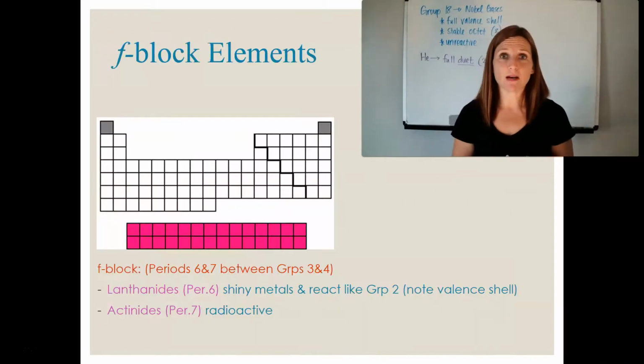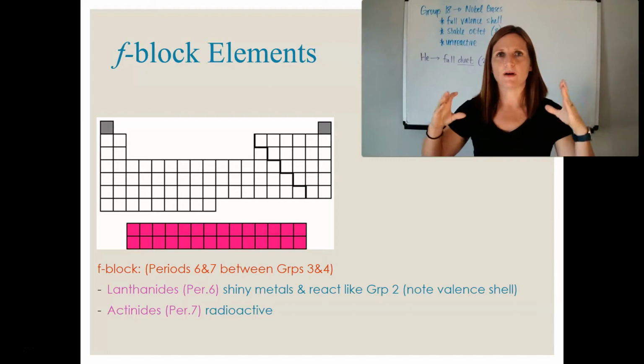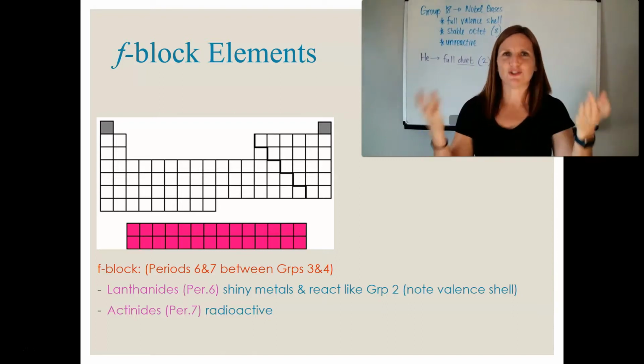The last block to talk about is the F block, and the F block has 2 different groups, the lanthanides and the actinides. These are 2 different groups of elements. Sometimes this group is called the inner transition metals because remember, they go within the transition metals.